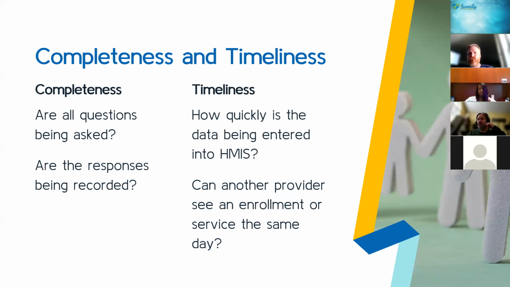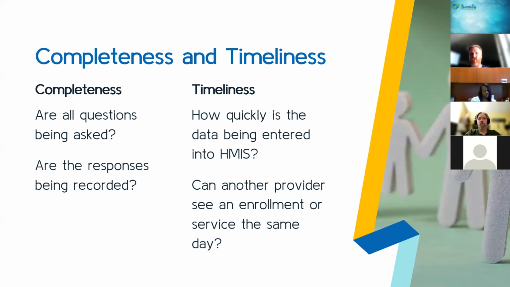And then timeliness is one that I think most people have a pretty good understanding of, but there's one part that does tend to confuse people. Timeliness is looking at how quickly you're getting the data into HMIS based on when the service was offered and then when the information was added.